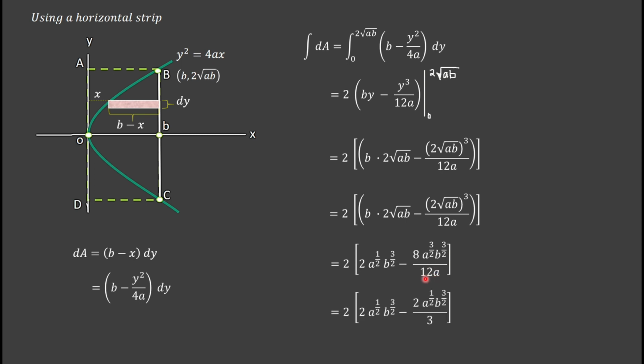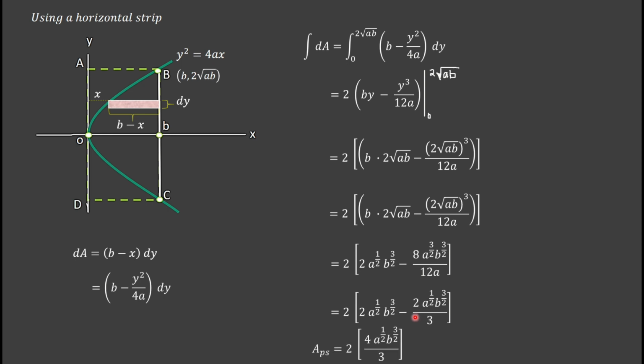Simplify: 2 open brackets 2 e to the power 1/2 b to the power 3/2 minus 2 e to the power 1/2 b to the power 3/2 over 3. We can reduce to lowest terms, 8 over 12, so that is 2/3.